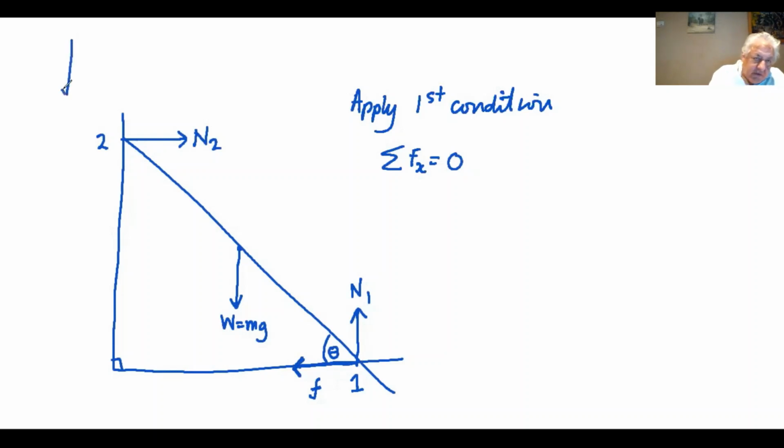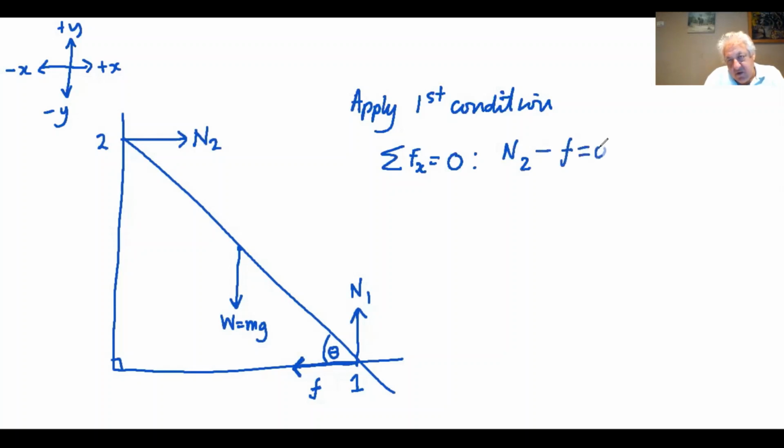Now I'm going to define my positive and negative directions. So this is in the positive direction, and my frictional force is in the negative direction. These are the only two forces acting. N2 minus F equals 0, which implies that N2 equals F. This will be my equation 1.